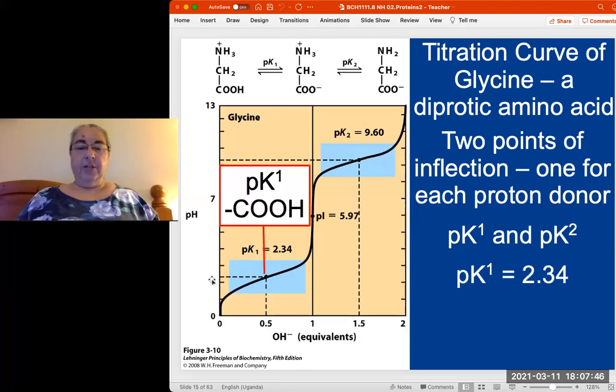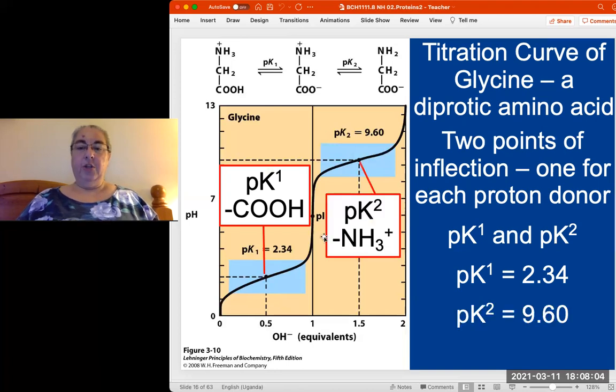So if we actually look at the value of this midpoint, pK1 can be actually given a value and it's 2.34, okay? So this curve changes its place at a pH of 2.34. And pK2 is a pH of 9.60.